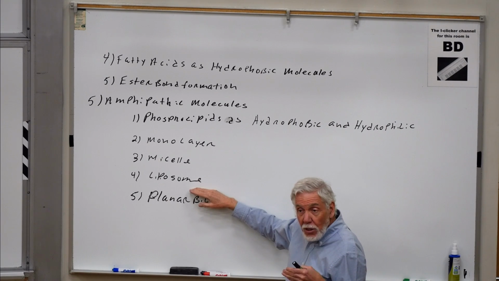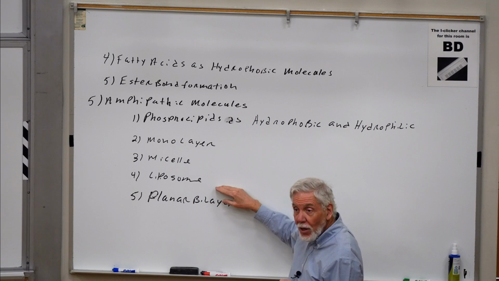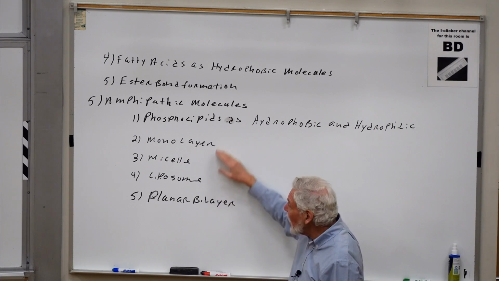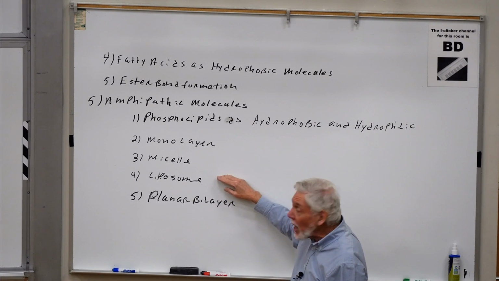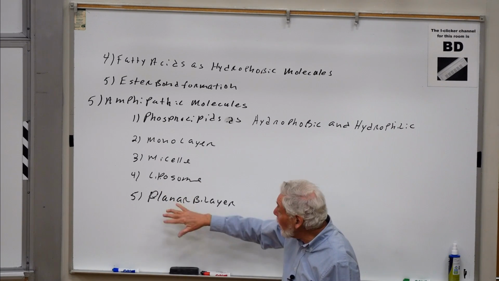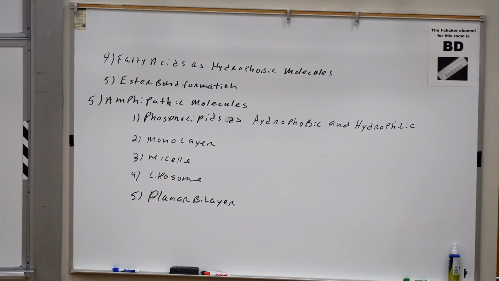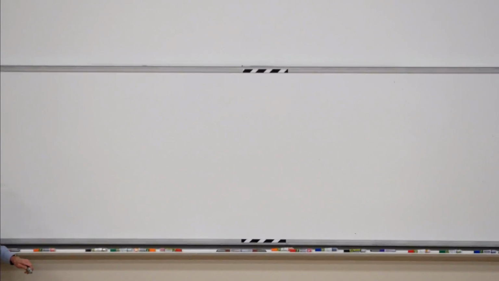One layer will have the phosphate head groups facing the water on the outside. The other will have the phosphate head groups facing the water on the inside, and we'll walk our way through that. And we'll then extend the idea of a liposome to a planar bilayer, and the planar bilayer is the basic structure that we find now for a cell, and we'll then incorporate that phospholipid bilayer into a biological membrane.